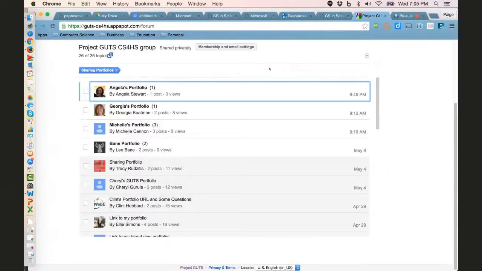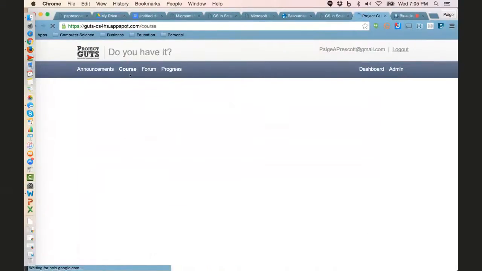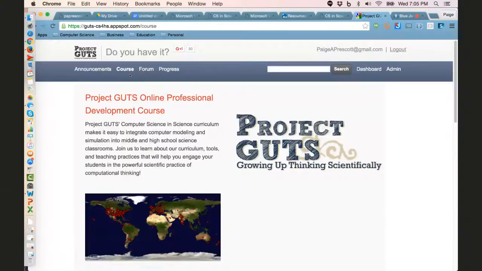The reason why we're doing the portfolio the way that we are is it's allowing us to verify your participation. To be honest, the platform that we're using, called Course Builder, doesn't have all the functionality that we would like. The portfolio allows us to see that you've been keeping up with the different parts of the course, and it's also a way for you to curate resources that you can use in the future.